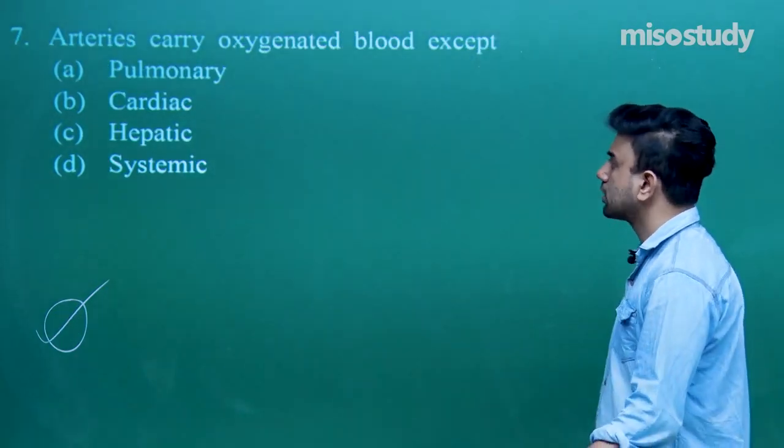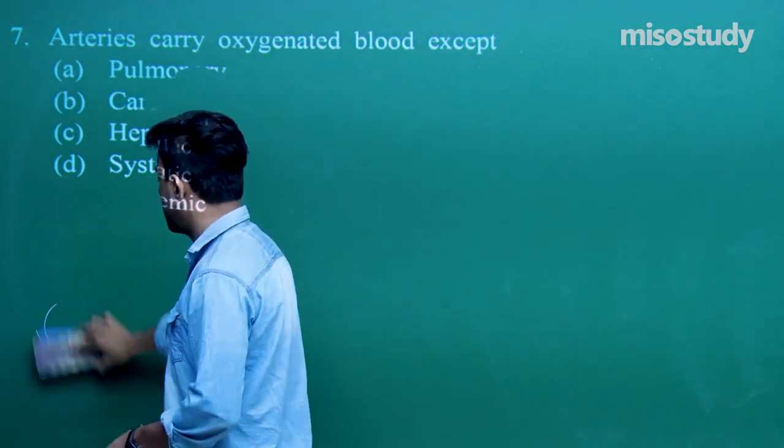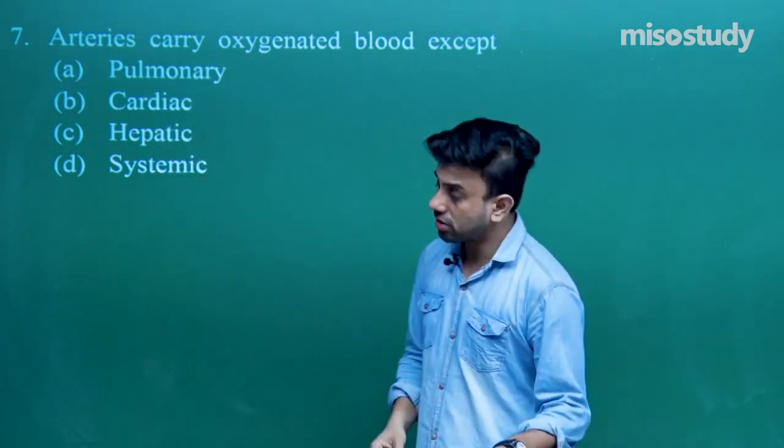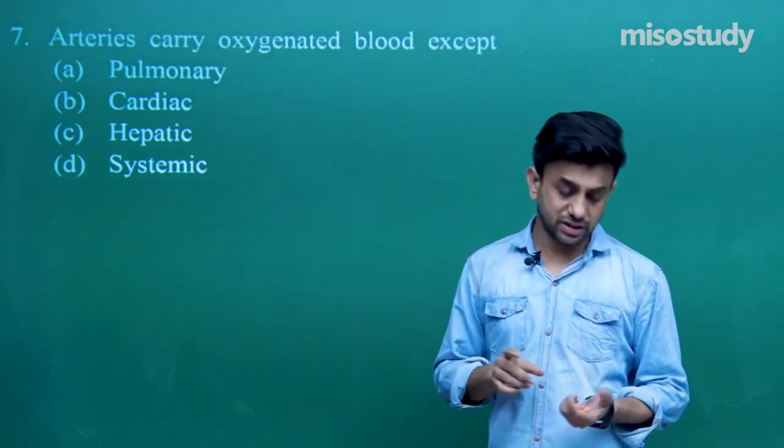Arteries carry oxygenated blood except, this was the one I was talking about. Now we all know that arteries carry oxygenated blood and veins carry deoxygenated blood, but there is an exception.